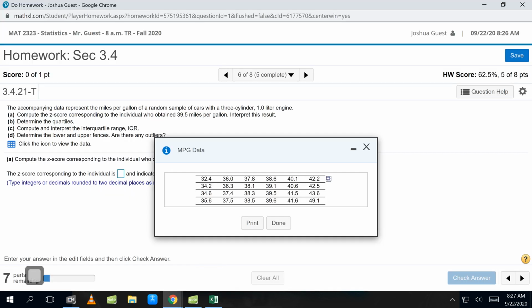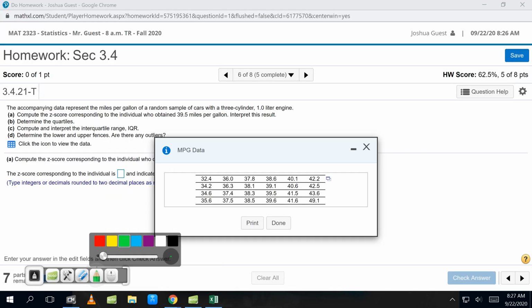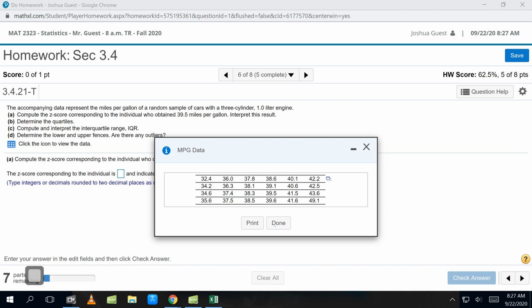So then, if you had a calculator, you could do it on a calculator. If not, you can do it just like I did in Excel just then. So it wants the z-score to 39.5, which is this one, right? The z-score for that one. So our x bar, because it's a sample, right? It says a random sample, yes. X bar is 38.95, and then S is 3.52.